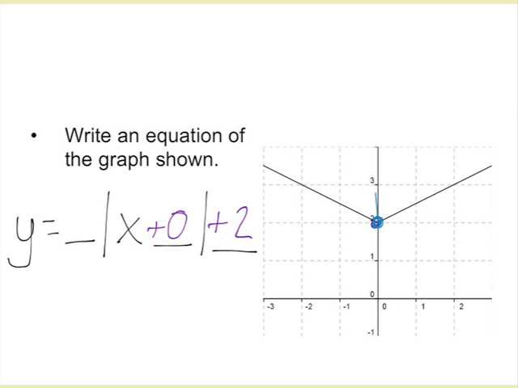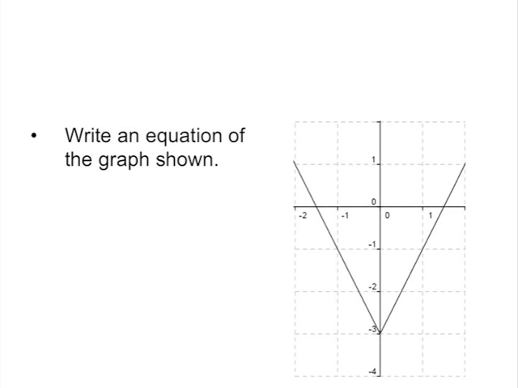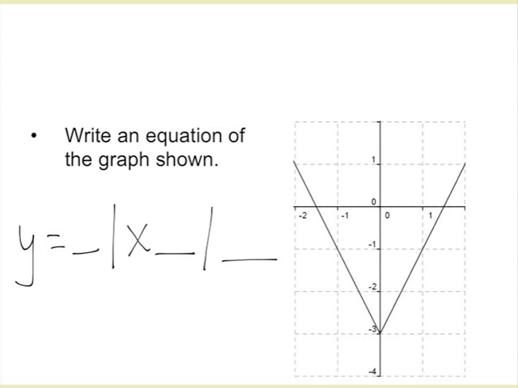So from my vertex heading to the right, I go up 1 over 2, so 1/2. For this one, I could have y equals blank, absolute value x blank, blank.